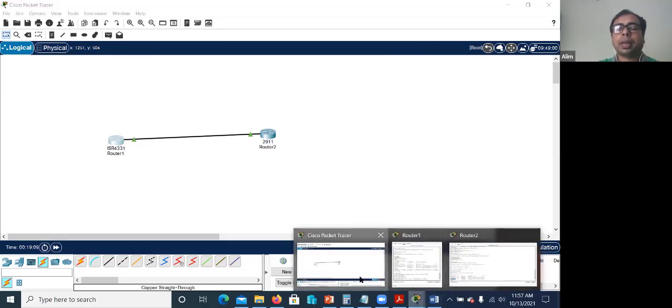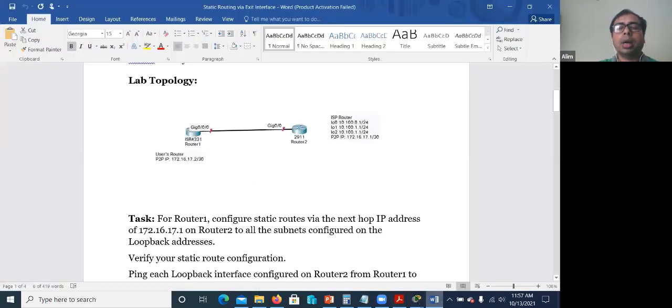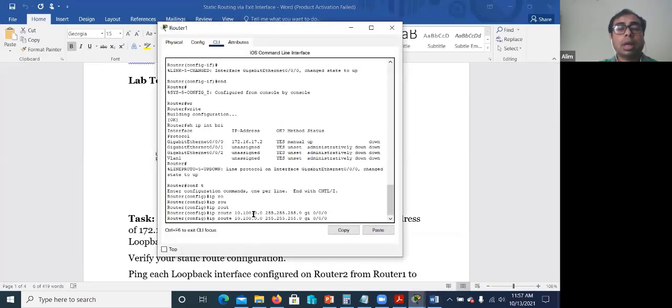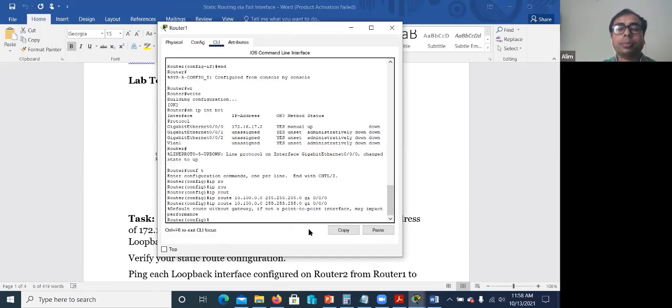So what are we telling the router? I want to reach 10.100.0.0 network, which has subnet mask of 255.255.255.0, and go through this router's exit interface. That means the interface that is connected to our target system. Okay.